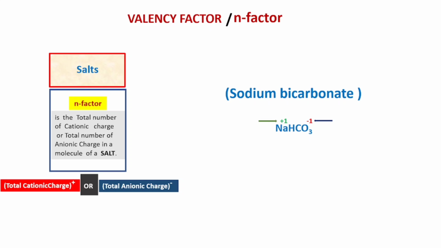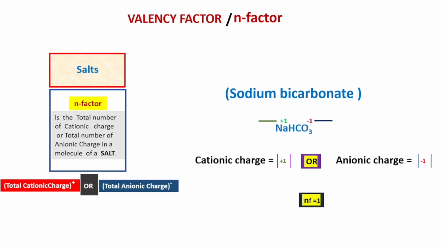So, a salt molecule bears the same number of positive and negative charges. For the N factor of a salt, we have to consider the modulus value of either the total positive or total negative charge. So, the N factor of sodium bicarbonate is 1.